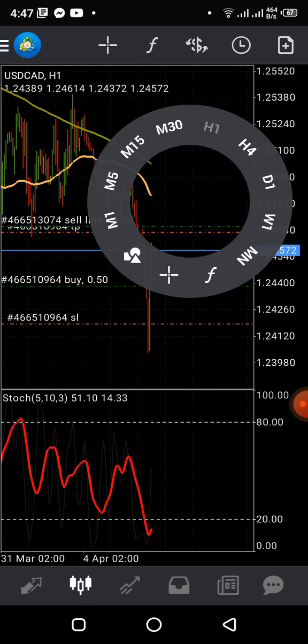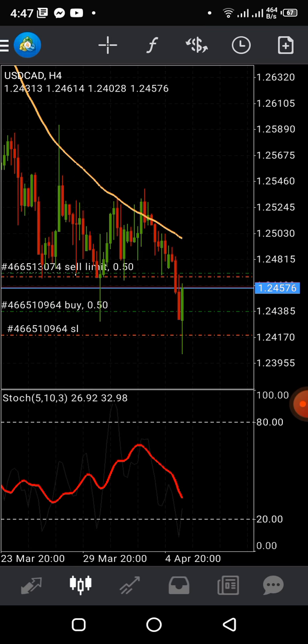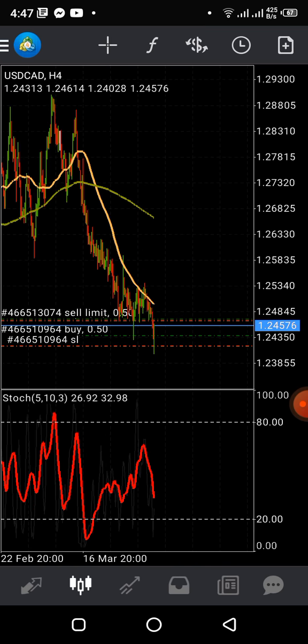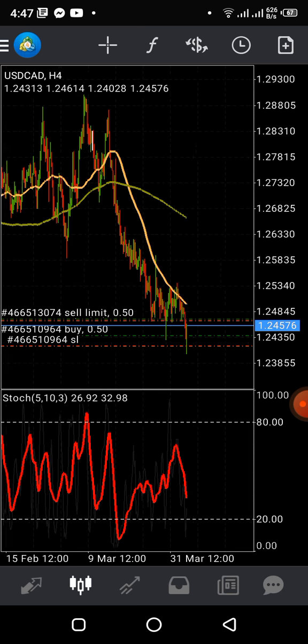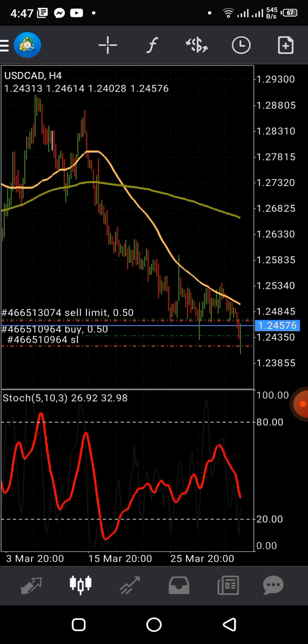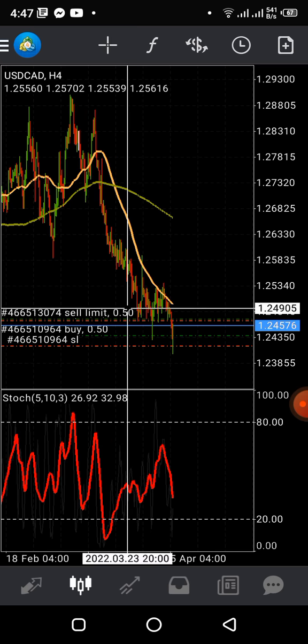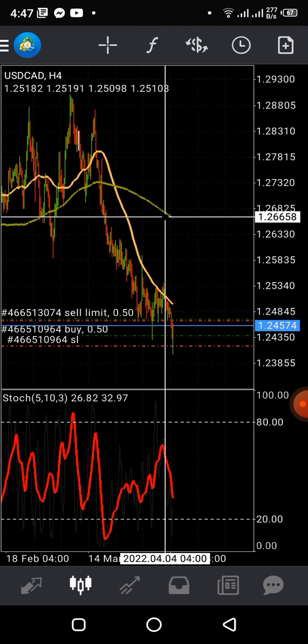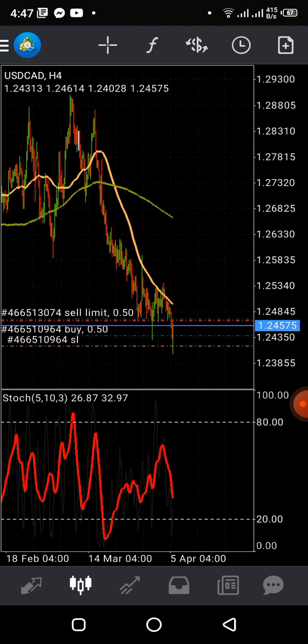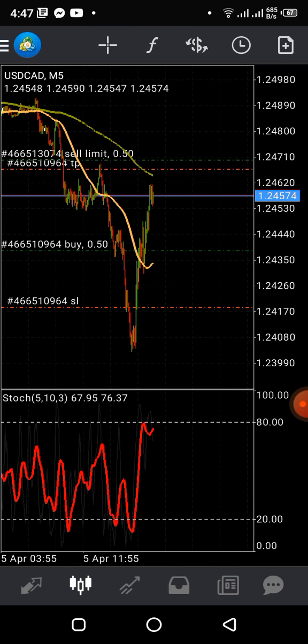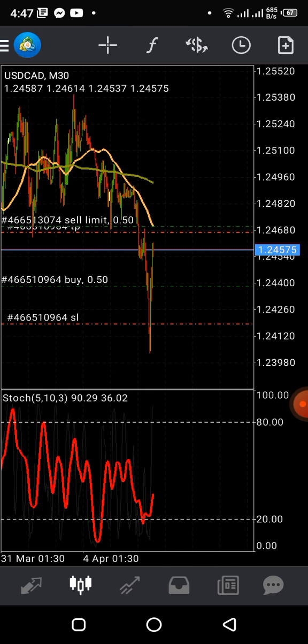All right, so also if you look at this on a longer term, you will see that the 45 moving average is still a little bit higher on 4 hours, and the 200 moving average is also a little bit higher on 4 hours. So this still has a potential to even retrace to the 200 moving average on the 4-hour time frame. But this is the reason why we base on 5 minutes, 1 hour, and other lower time frames, because price reacts.